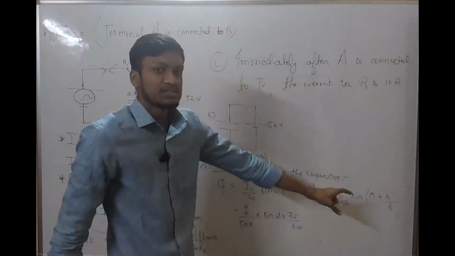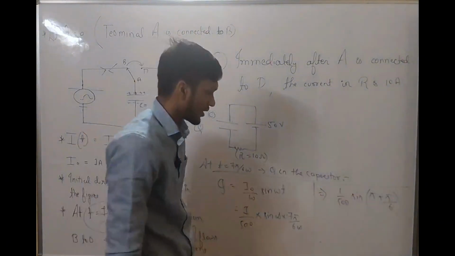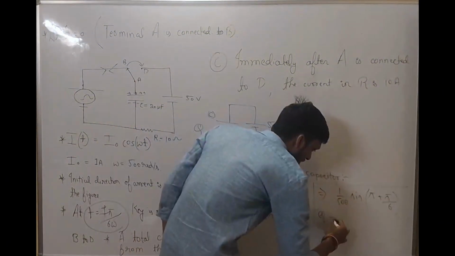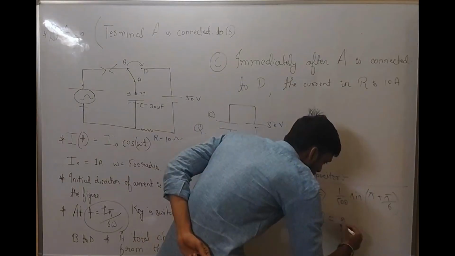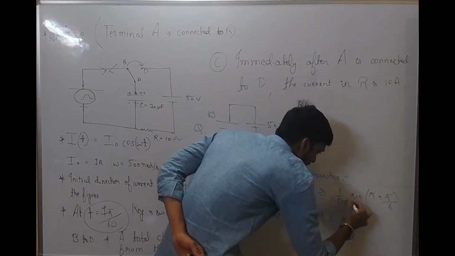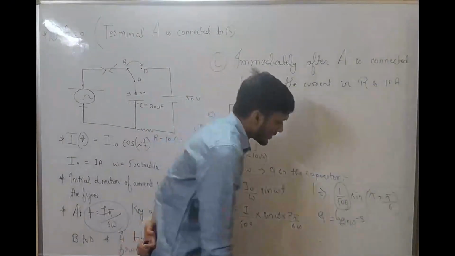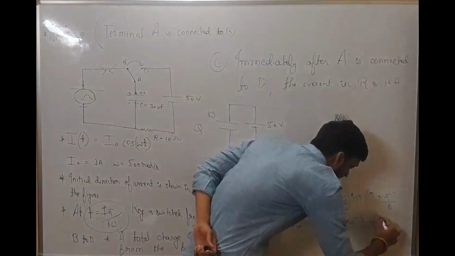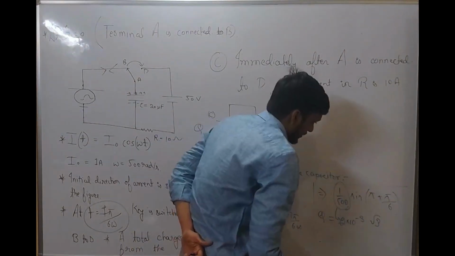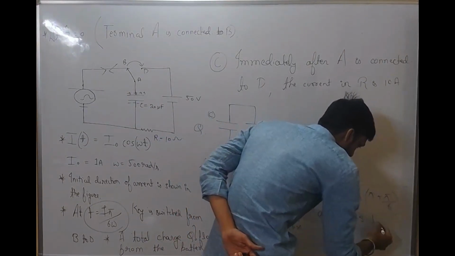Pi plus pi by 6 is in the third quadrant. So the charge is equal to 2 into 10 to the power minus 3 into sine pi by 6 with a negative sign, and sine pi by 6 is half.